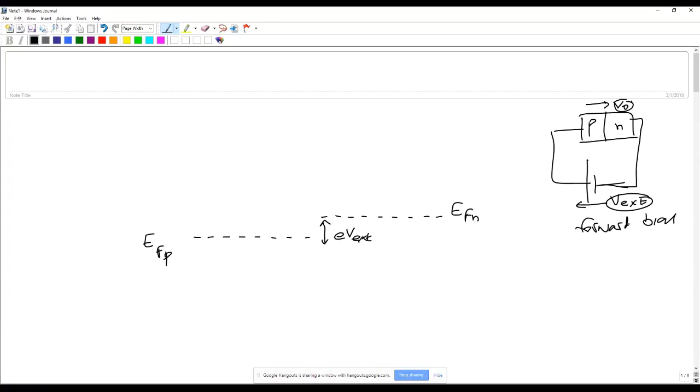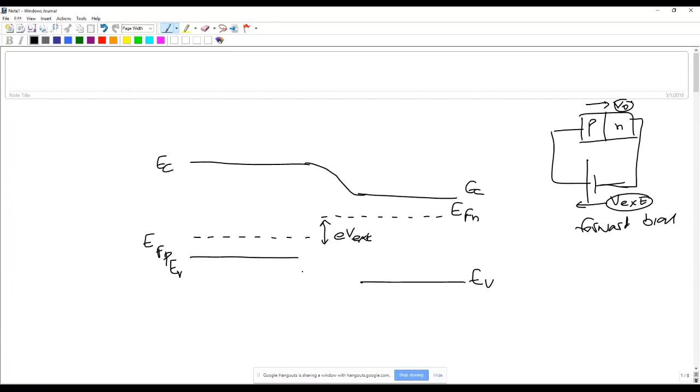So the higher the potential you apply, the more is the split between the P and the N. So I can again draw the rest of the gap. So this is EV, this is EC, this is EC, this is EV, and then I can draw the rest of the band bending.